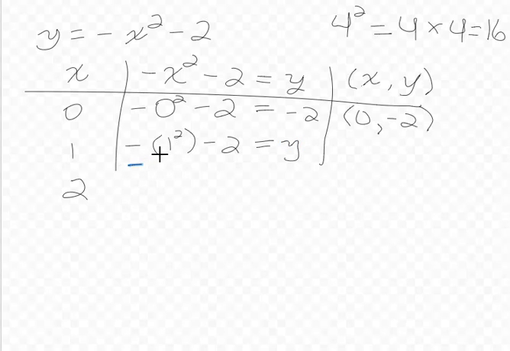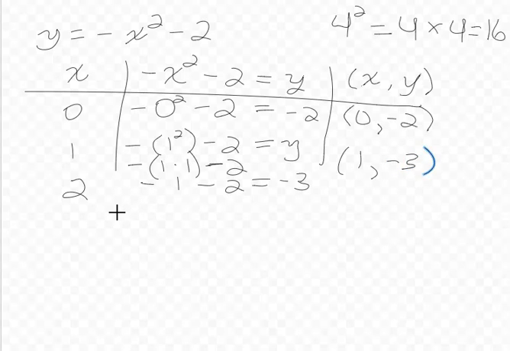So I have negative 1 times 1 minus 2. Well, 1 times 1 is 1. If I make that negative, I have negative 1 minus 2, which is equal to negative 3. So I have 1, negative 3.